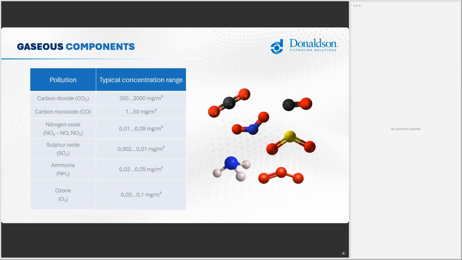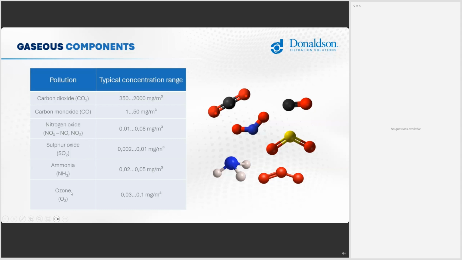Gaseous components are also important, not only because they are poison, like carbon monoxide. It's also because a lot of them are creating corrosive environments inside the compressed air system when coming in contact with liquid water and forming a condensate, such like carbon dioxide and nitrogen oxides, sulfur oxide, ammonia, and ozone.